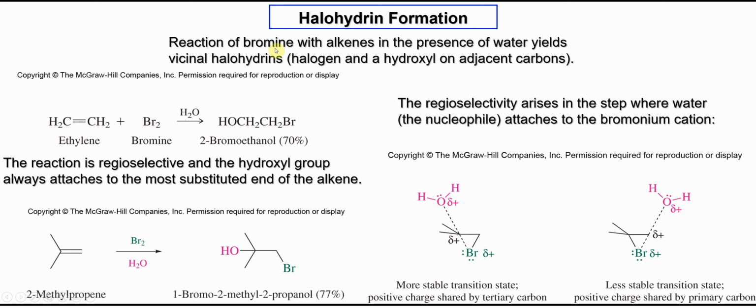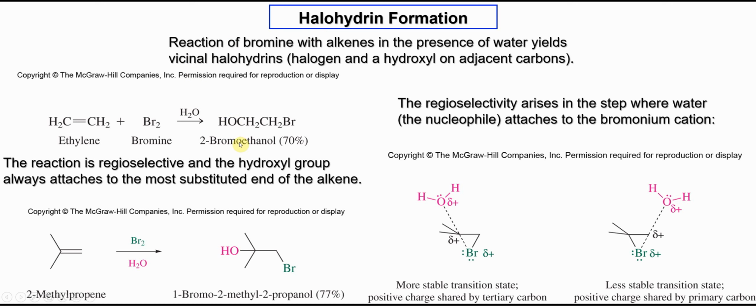The reaction of bromine with an alkene in the presence of water is going to produce a vicinal halohydrin, meaning one double bonded carbon will be bonded with bromine and the other double bonded carbon will be bonded with a hydroxyl. This product you call a halohydrin.